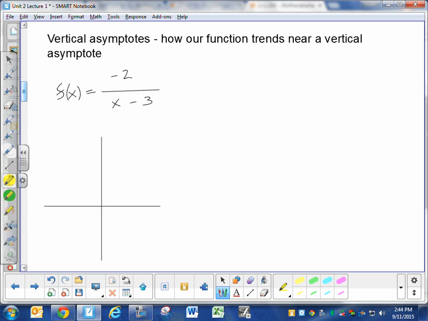Now if we look at this function, negative 2 over x minus 3, we should know that there has to be a vertical asymptote at x equals 3, because I cannot simplify this function using any algebraic technique to get rid of the x minus 3 in the denominator. So immediately I look at that and I say, okay, there's no hole where their limit could exist. We're going to have a situation where no matter what, I can't plug in 3. I have a vertical asymptote at 3.